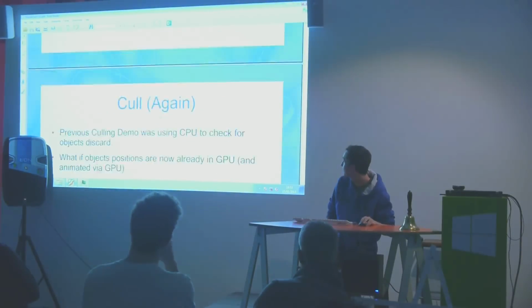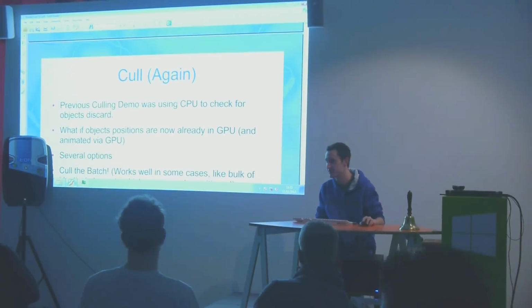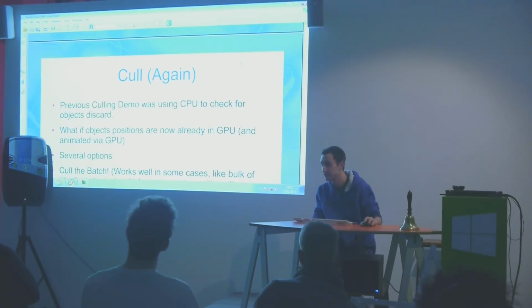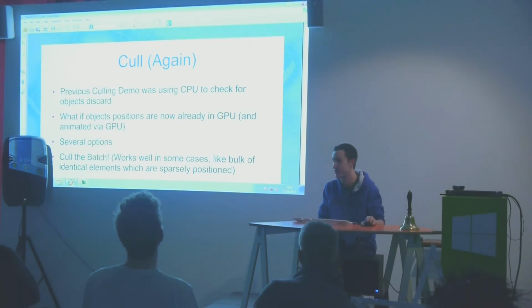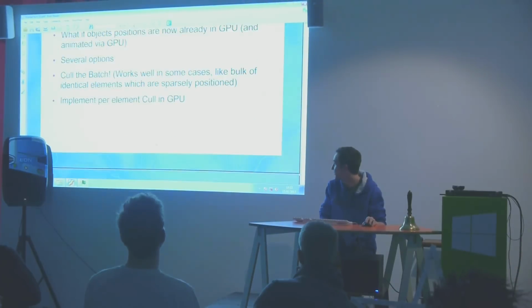So now we've seen we're using instancing and we're generating geometry on the fly. And I was speaking about culling before. The problem now is that the previous demo was using the CPU, and now we generated a lot of geometry in my graphics card, so I don't want to get it back. And so I need to do culling, but I'm going to do it now in the graphics card.